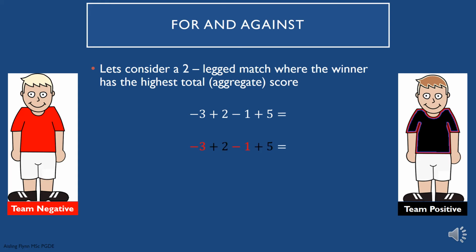So I've color-coded the negatives and the positives. And the next step we can do is combine them to find a total for each over the 2 matches. So in total, negative has scored 4 goals. So that's minus 3 minus 1, that's total minus 4. And positive has scored 7 goals. So who has more? That's positive. How much more? 3 more. So the answer is plus 3.